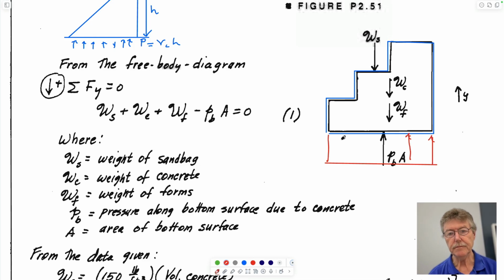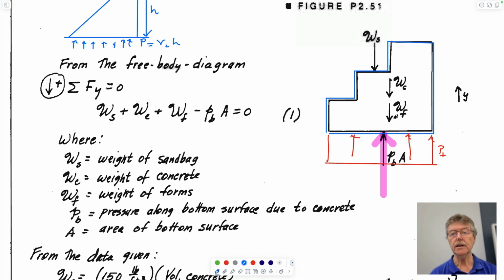This is the pressure at B, but we want to calculate a force, and I'll make a distinction. The force we're calculating is P_B times A, but the pressure that's acting is p_B. So we need to know that, and then we can resolve those components.